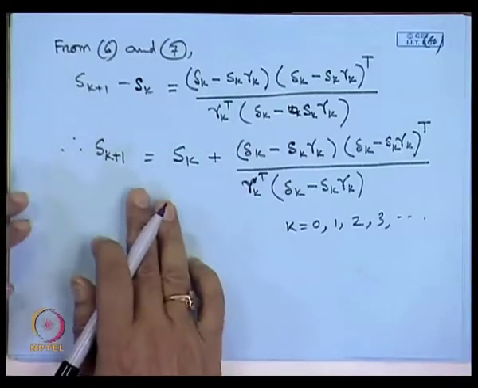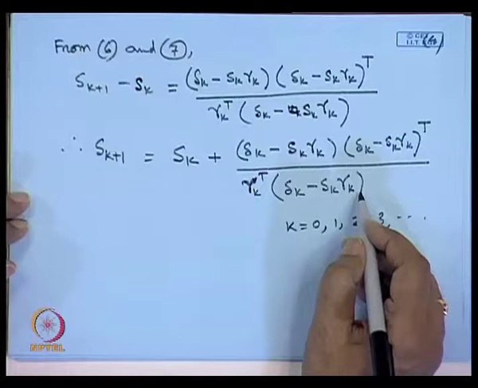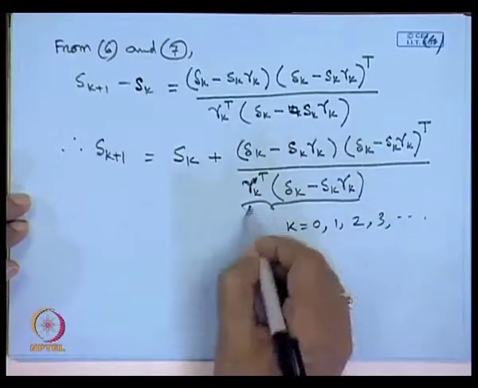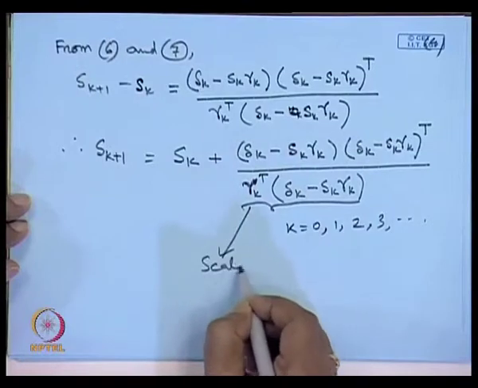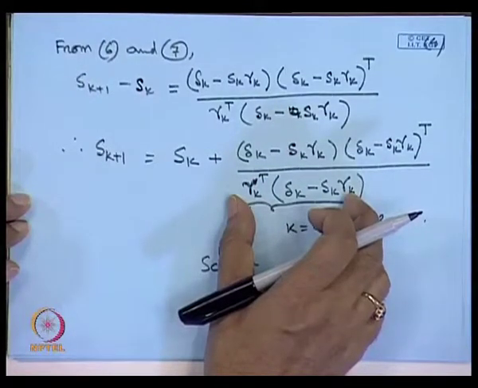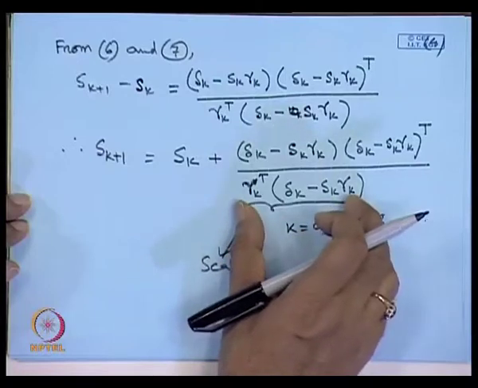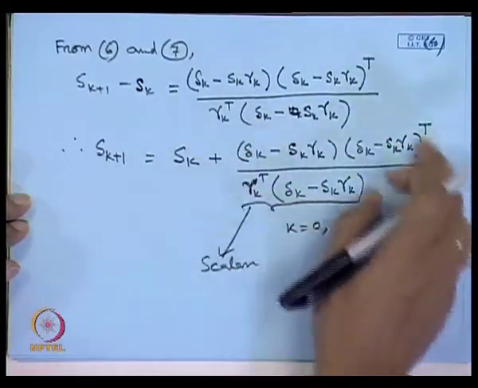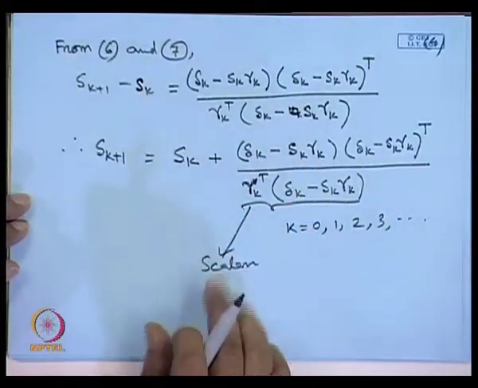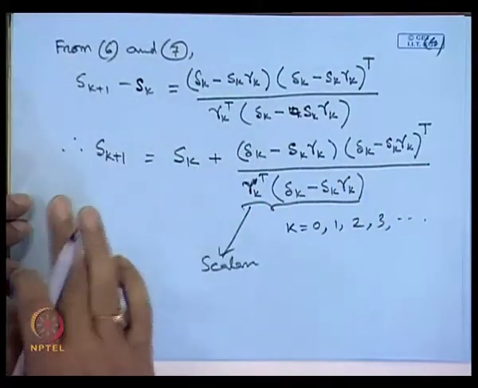So, one of the disadvantages, look at this point. This whole thing is a scalar quantity. One must be careful that the denominator part should not be very small or 0. If it is 0 or very small, this quantity will blow up, a very large value will come. So, that is the one disadvantage of this rank 1.